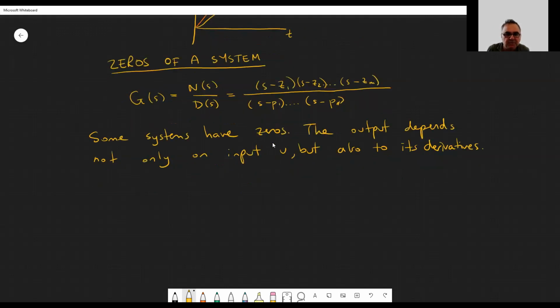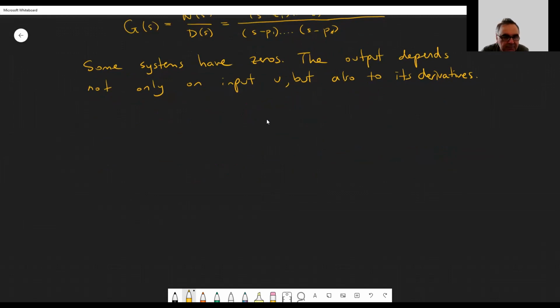I mean the following. For example, if you have such a system, a mass spring damper system again, with mass M, spring K and damper B. Let's call this input U, and the output is Y. So U is the displacement input given to your spring and damper.